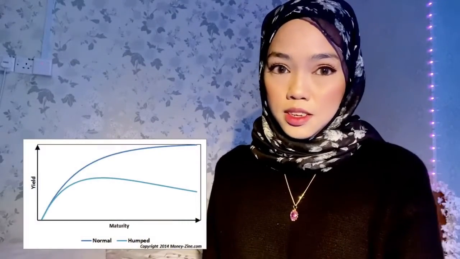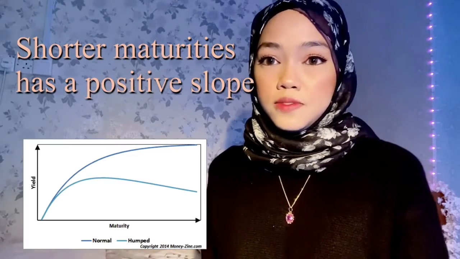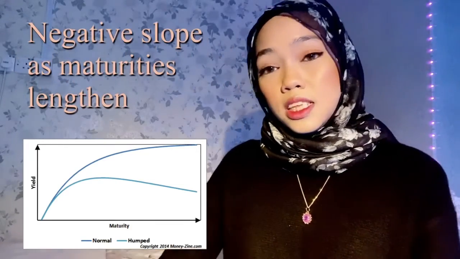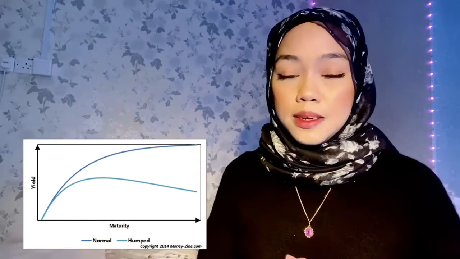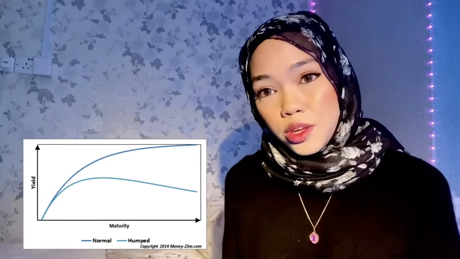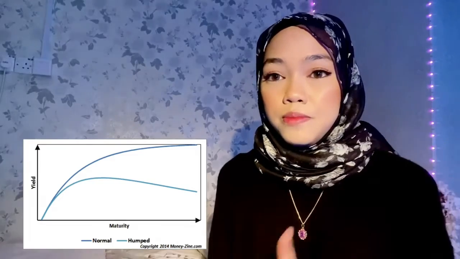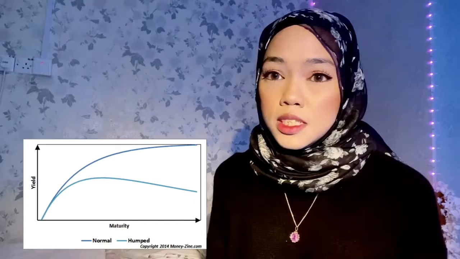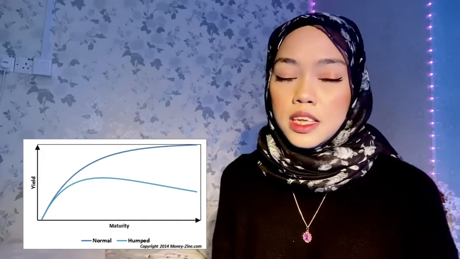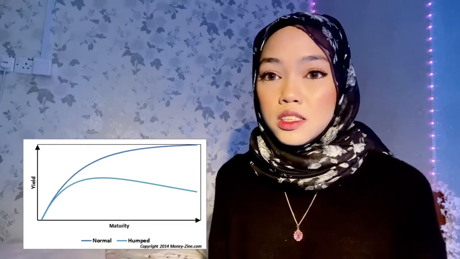From this picture, a hump yield curve at the shorter maturities has a positive slope, and then a negative slope as the maturities lengthen. For example, if the return on 5-year debt is higher compared to 2-year and 10-year debt, investors will not choose to invest in the long-term security, since they are not being compensated for the additional risk they are assuming.